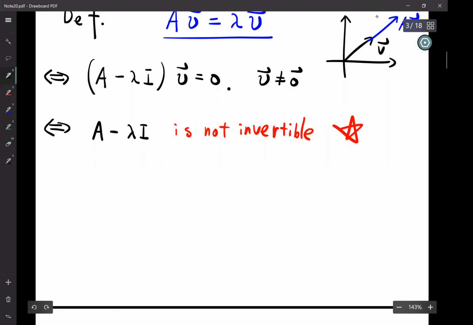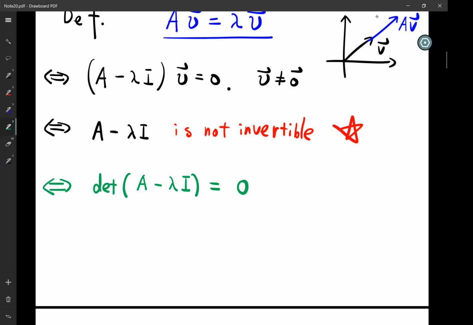Okay, so if it is not invertible, then as we just learned in chapter 3, and this is really why I want to switch the order between chapter 3 and chapter 4, since chapter 4 is a lot more closely related to chapter 2, and chapter 3 is a lot more closely related to chapter 5, we just learned that if a matrix is not invertible, then the determinant of A minus lambda I equals 0.